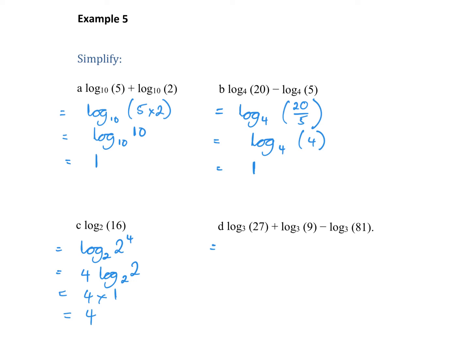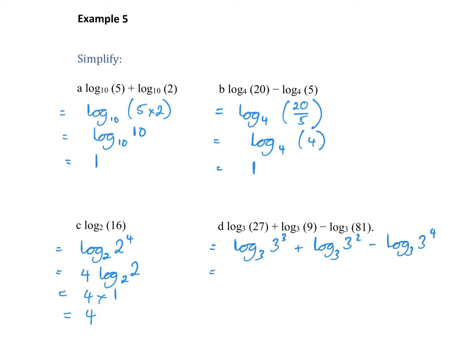The next one here. So again, I'm going to try to get the same bases here. So log base 3. Now, 3 would be ideal, and I know that 3 to the power of 3 is 27, plus log base 3 of 3 squared minus log base 3 of 3 to the power of 4.